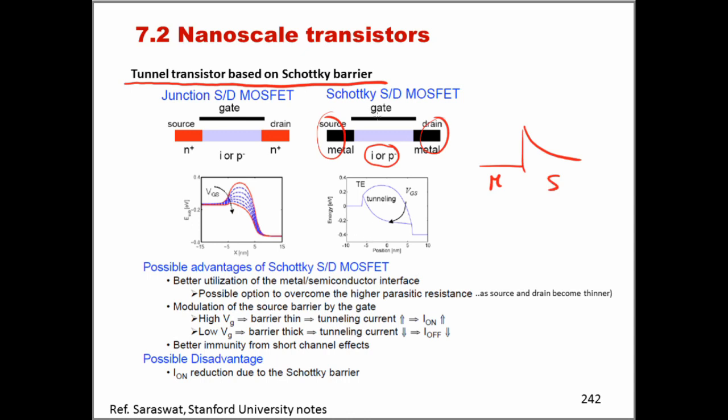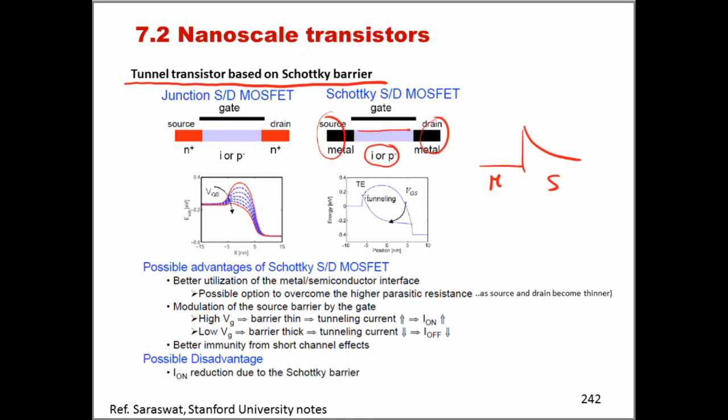And so in this case, when we act on the gate, what we do effectively, we accumulate some charges, or we repel some charges from the top interface of the semiconductor with the gate insulator. And so this presence of charge in that very important area, as we know now, creates a local bending of the energy diagram.